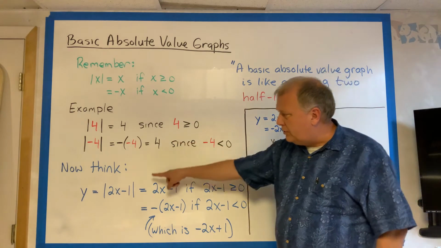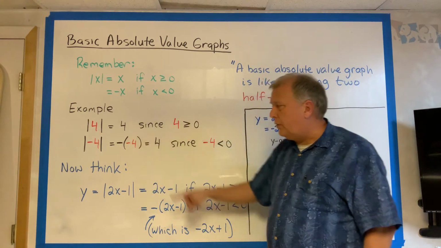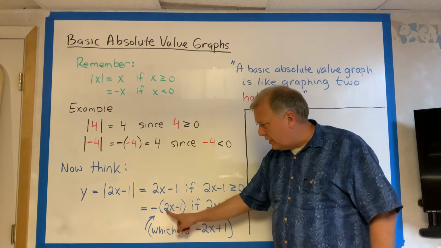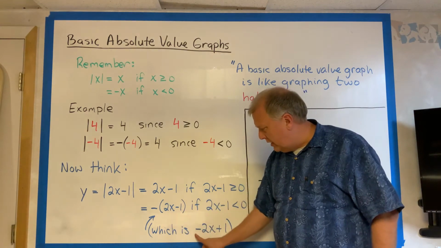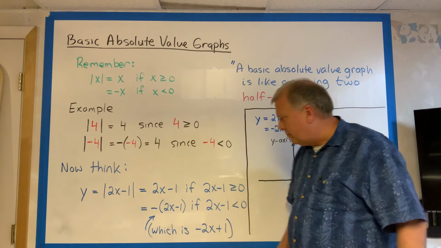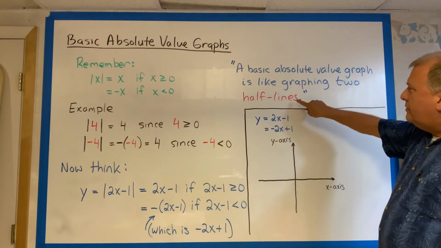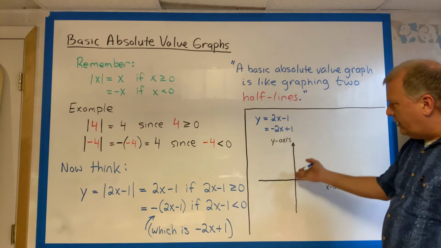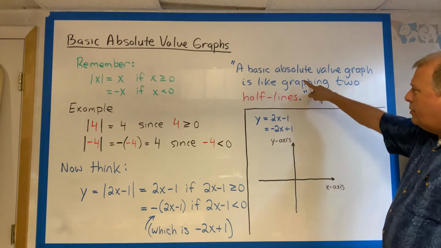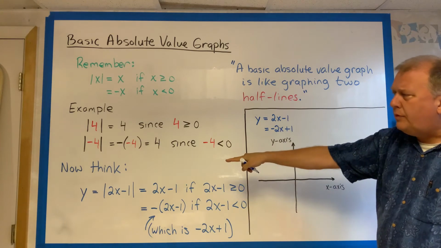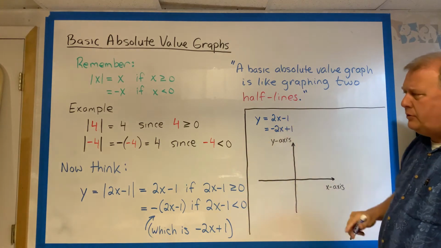That's treating that 2x minus 1 just like you treated the 4 here. Now notice that the opposite of 2x minus 1 is negative 2x plus 1. So a line is straight all the way through the graph, but a basic absolute value graph, when you graph the absolute value of a line, what you get is like graphing two half lines.